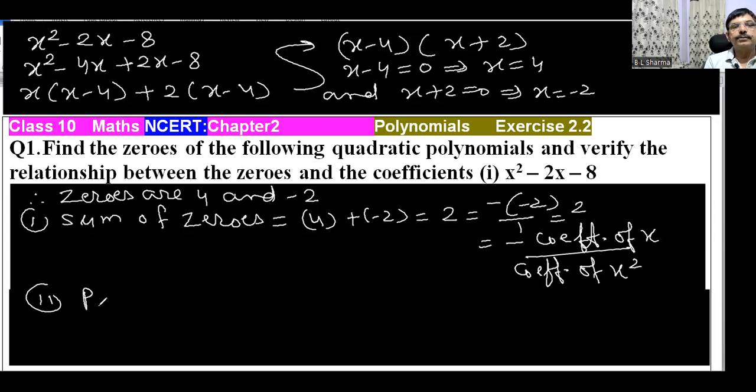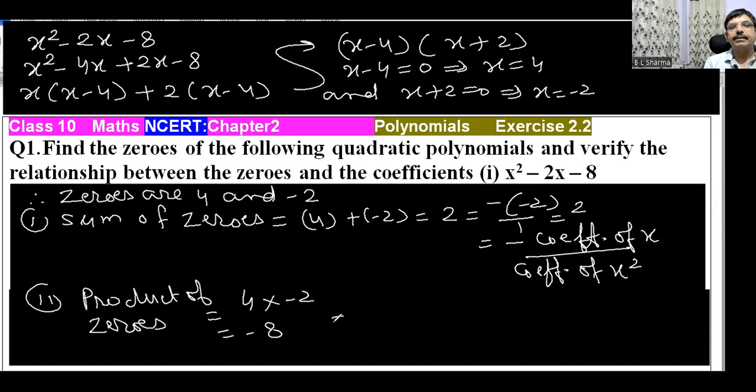Product of zeros. We know one zero is 4, the other zero is minus 2, so the product is minus 8. This is equal to the constant term. Here the constant term is minus 8.